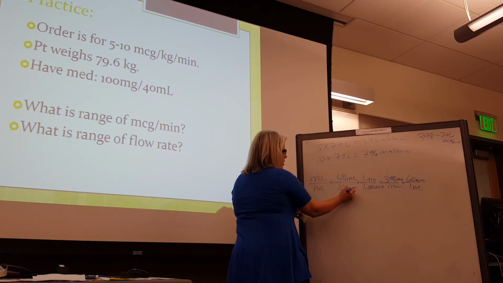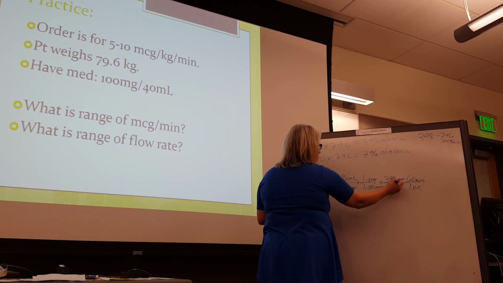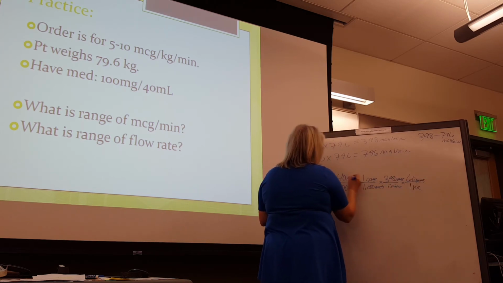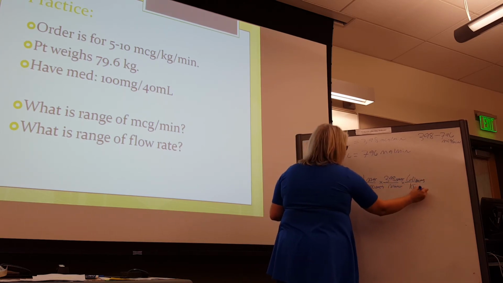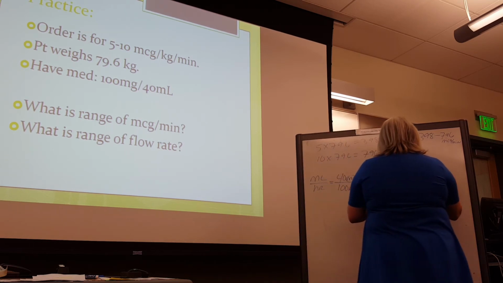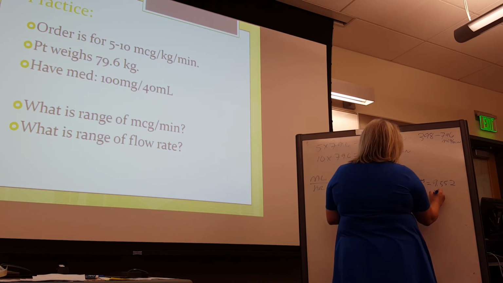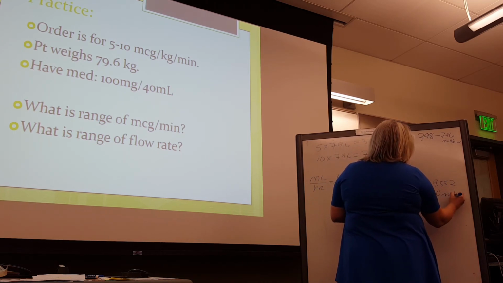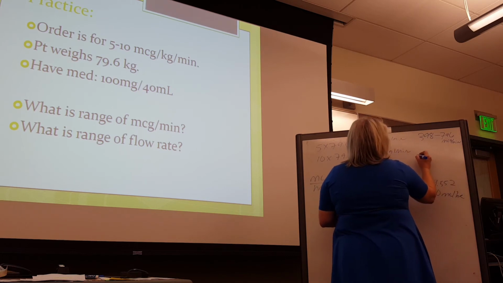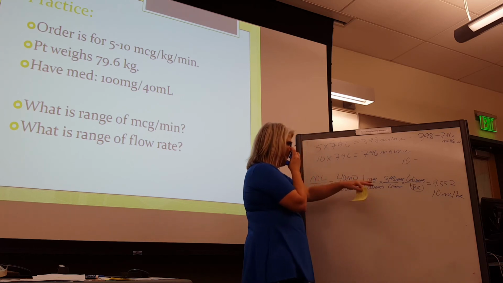So when I cancel out milligrams, micrograms, minutes, left with mils per hour, and that comes out to 9.552. And this one we are going to round, so that's going to go up to 10 milliliters per hour. So 10 is our low range, so starting at 10 milliliters per hour.